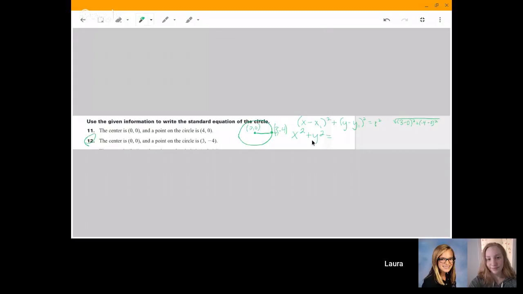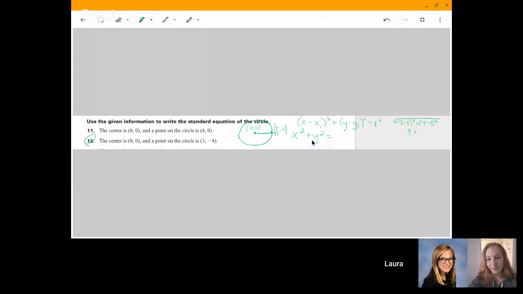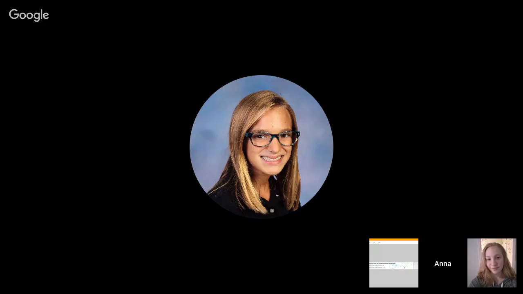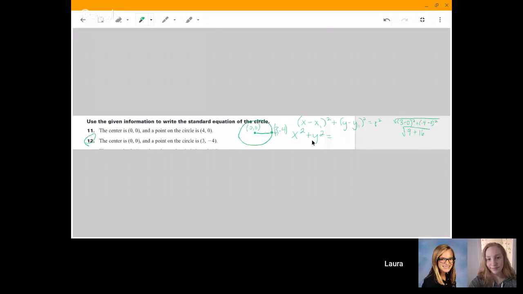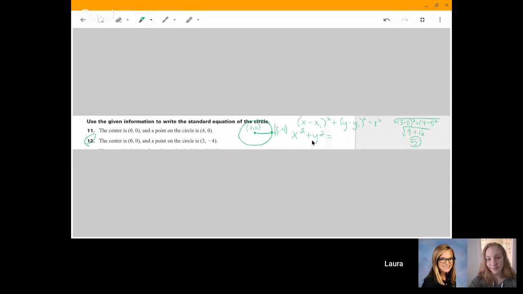All right. So 3 minus 0 is 3. Square it, and you get 9. Then -4 minus 0 is -4. Square it, 16. You still have your big square root. Underneath, that's 25. So what's the radius? 5. You got it.